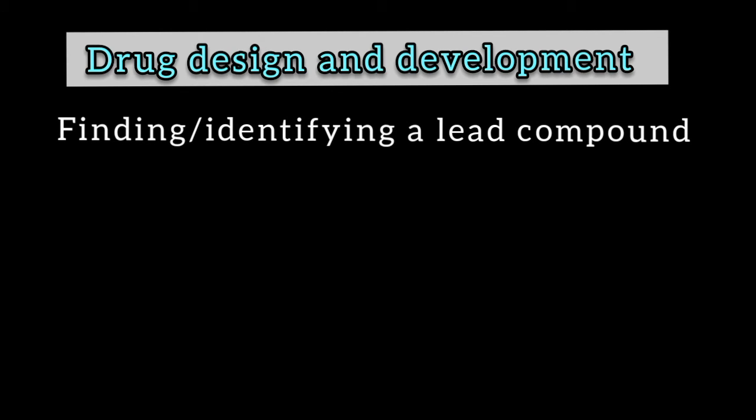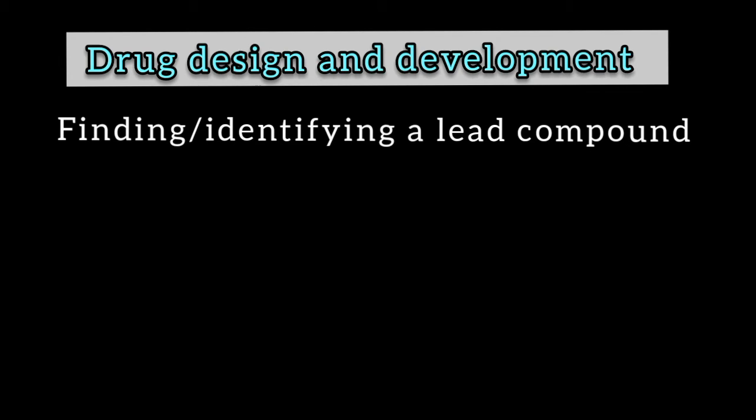Now we're going to go back to the first stage which I mentioned, which was finding a lead compound or detecting an activity of a bioactive molecule. There are different ways you can use to actually look for a lead compound. I'm going to mention a few of them.